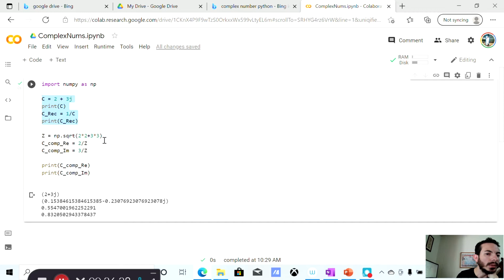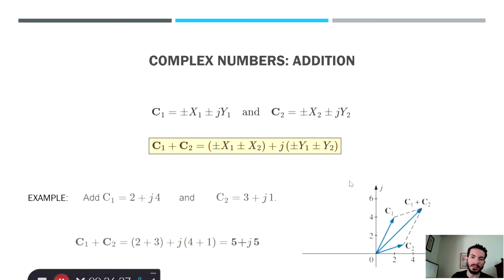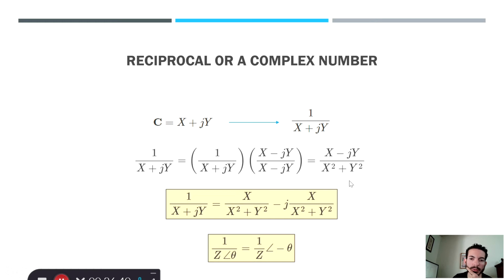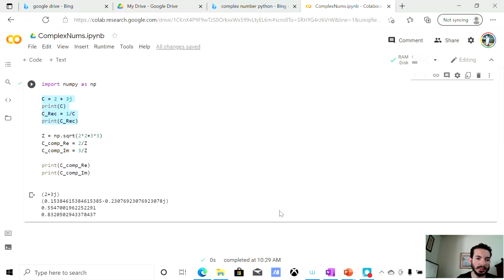Okay, so if I'm following my PowerPoint here, I'm saying that we should be able to do the reciprocal by doing x. This is a typo here. This should be y. Oh, okay, my bad. I did the wrong thing. I do not need to find the magnitude. It's not the square root of that. Okay, so I already said something that is not true.